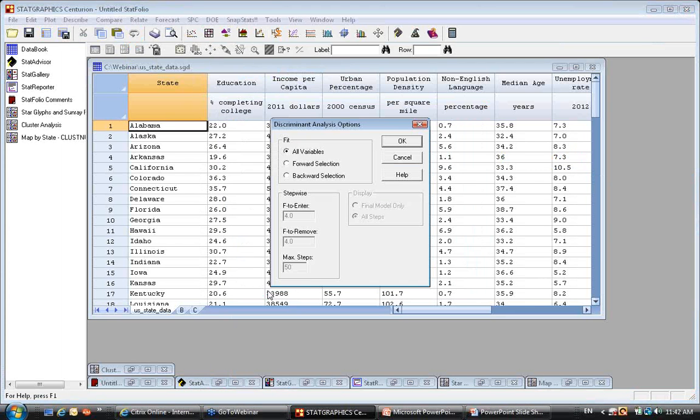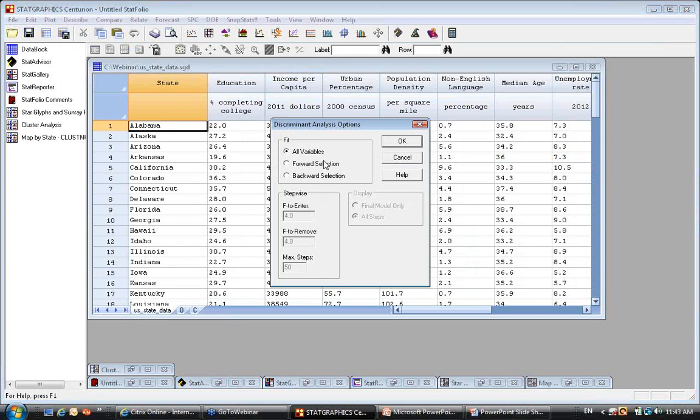Now, the second dialog box I'll see is the analysis options dialog box. And it's asking me, do I want to use all of the variables, or do I want to use some sort of variable selection procedure? Now, the variable selection procedure is very much like what we have in multiple regression. It's a stepwise selection if I want to use it. And there are two stepwise selection procedures.